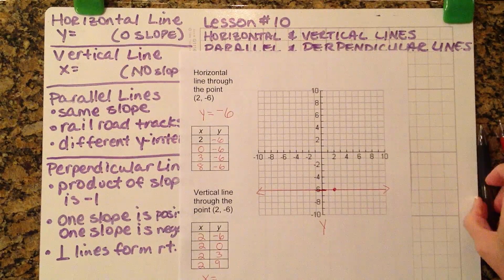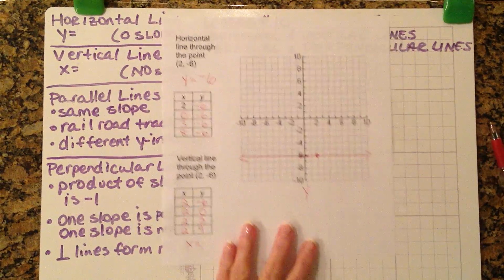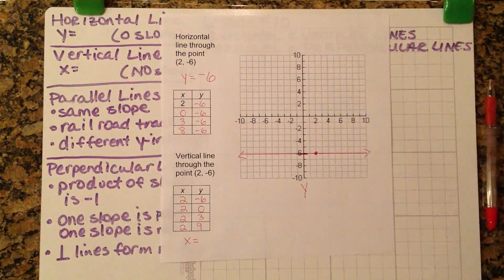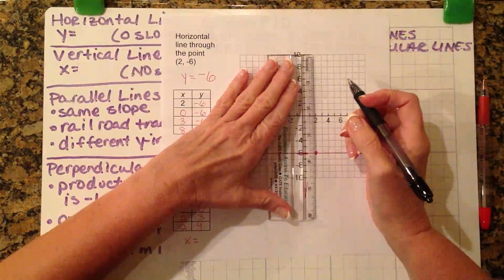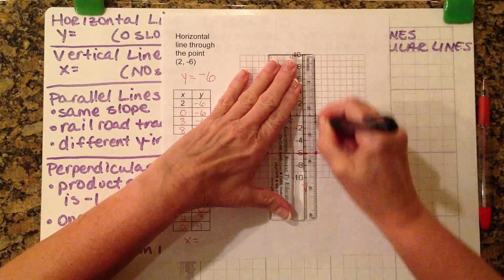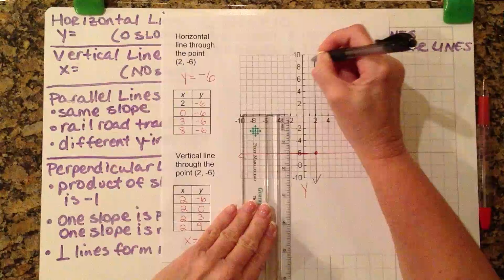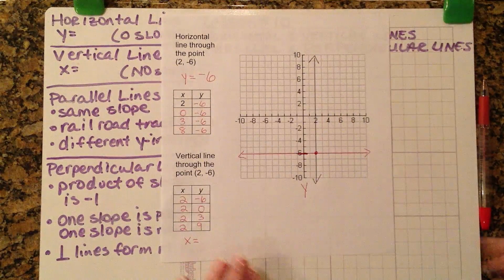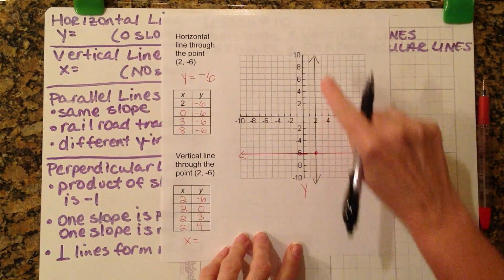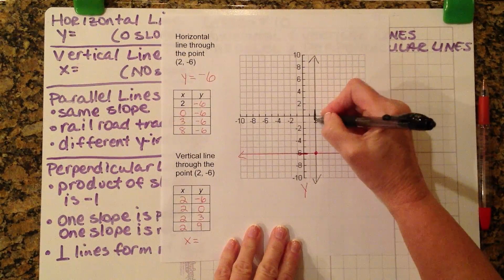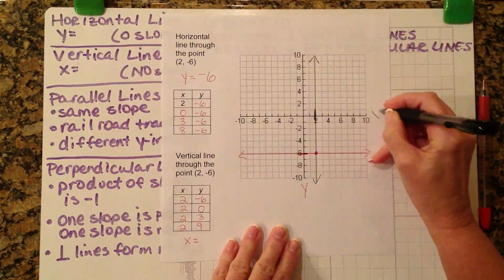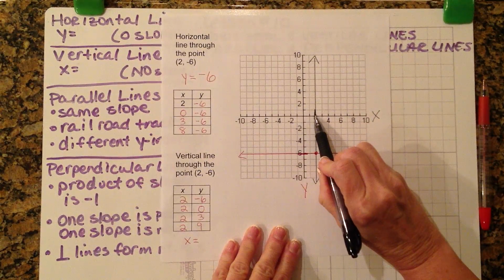Let's go on. Let's look at a vertical line through the point 2, negative 6. Did a horizontal, let's now do a vertical line. I'll do that with darker ink so it looks a little different. Notice on this vertical line, which axis did I intersect? I intersected right here at my x-axis at 2.